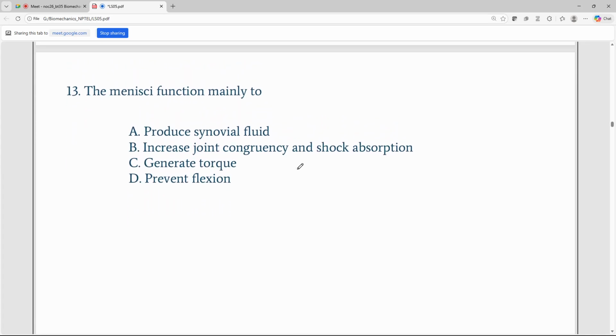Next question. The menisci function mainly to which of the following? Options are: option A, produce synovial fluid. Option B, increase joint congruency and shock absorption. Option C, generate torque. Option D, prevent flexion.